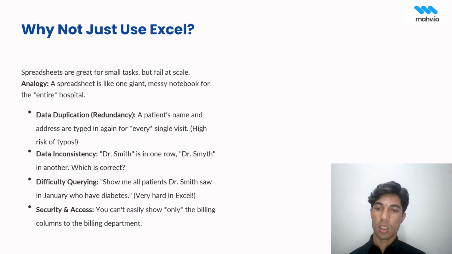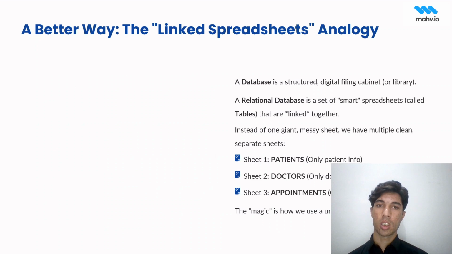For example, we want the billing department to see the billing entries data, but we don't want them to see the confidential patient records or the doctor's data. That is almost impossible to achieve in spreadsheets. You either have complete transparency or a total friction, which is again not ideal for us.